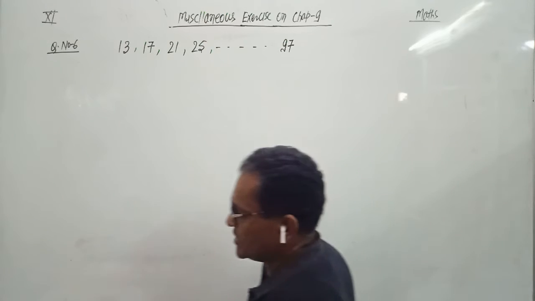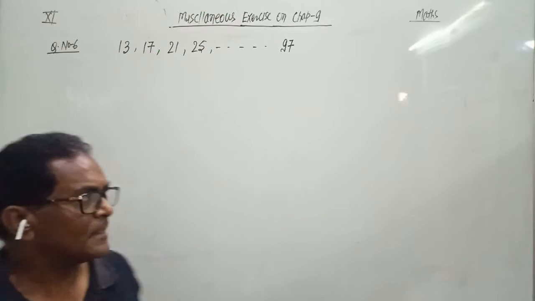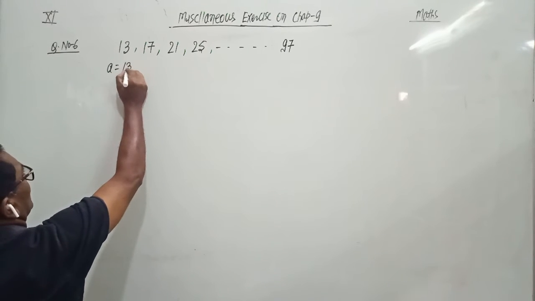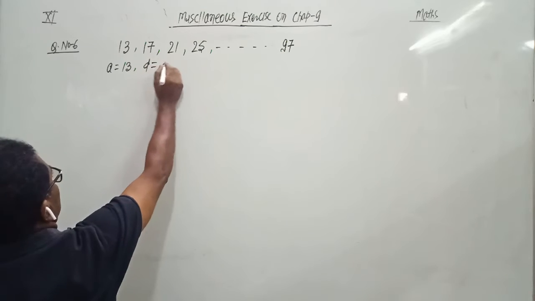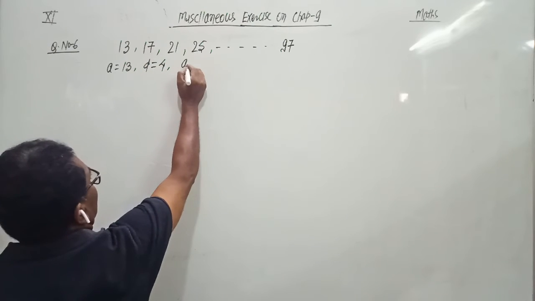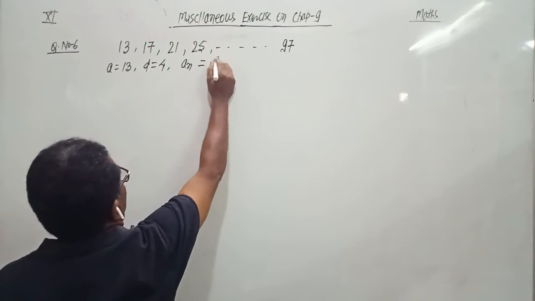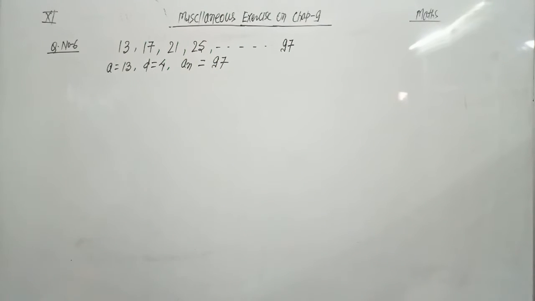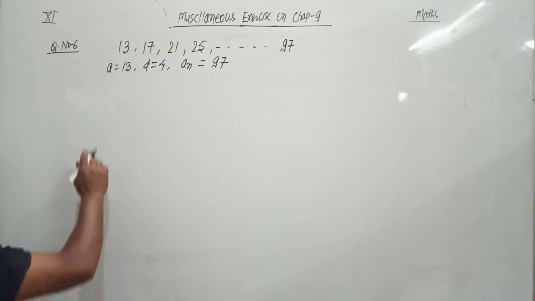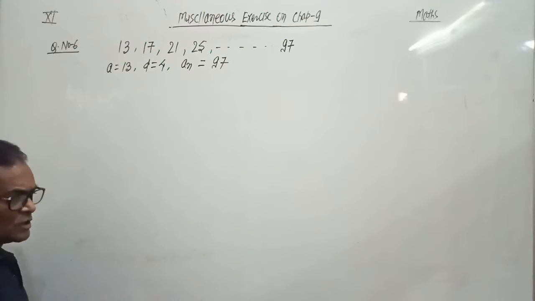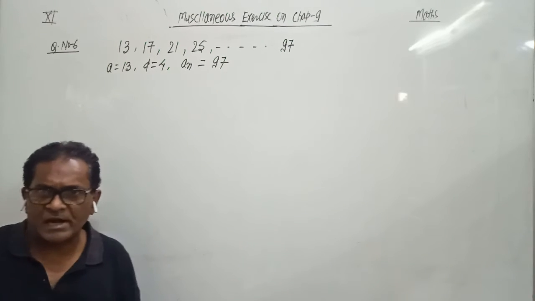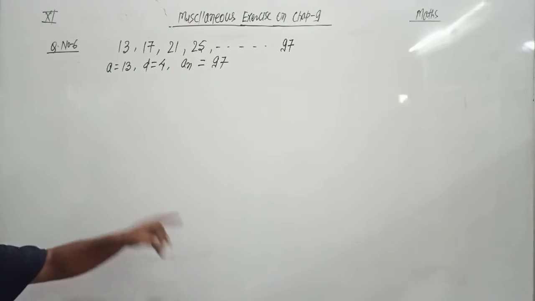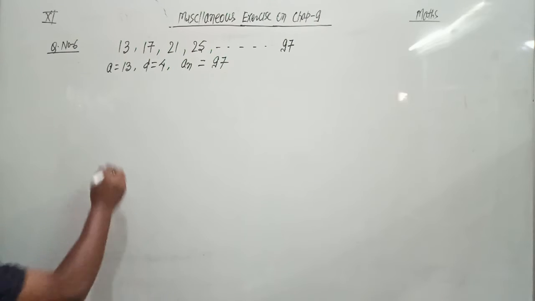So the first two-digit number is 13. The value of A is 13, common difference D is 4, and the last term An is 97. First we calculate the total number of two-digit numbers that when divided by 4 give a remainder 1.